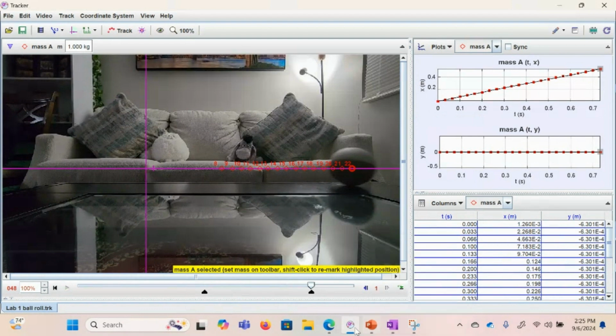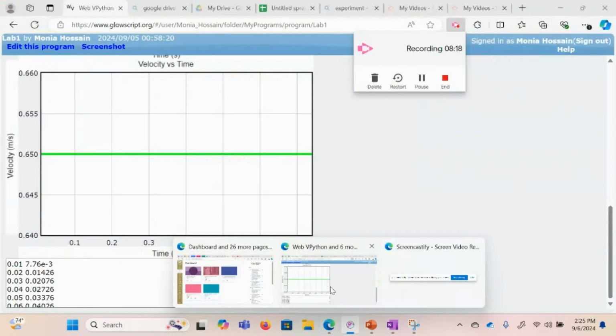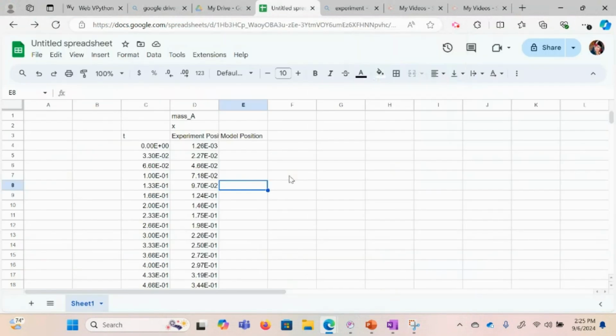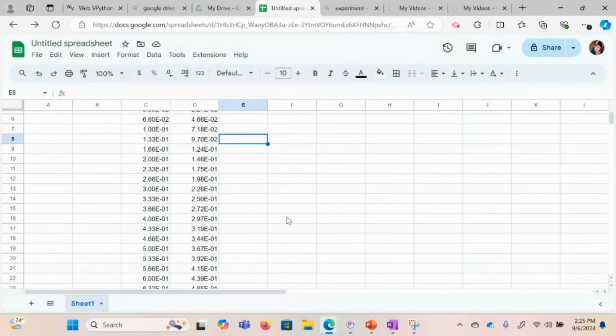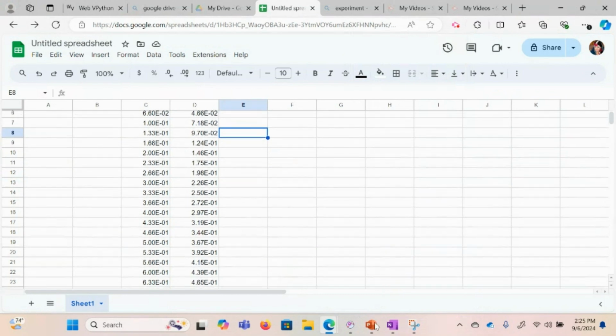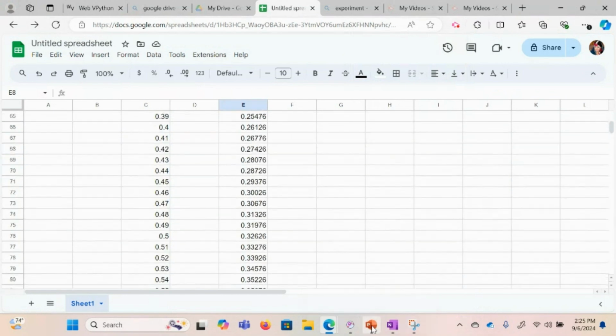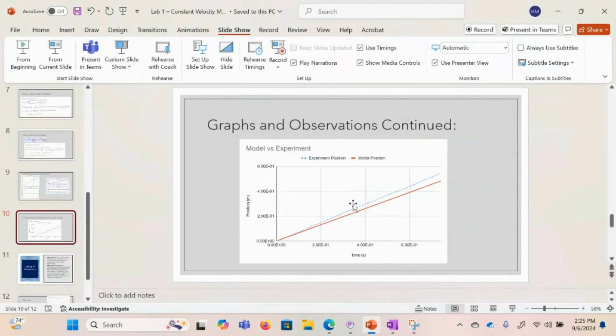Using these data points, we can go to an Excel sheet and compare the model's data points and the experimental data points, which then gives us this graph. Here you can see that they started the same, at the same origin, but the experimental data is higher than the model data.